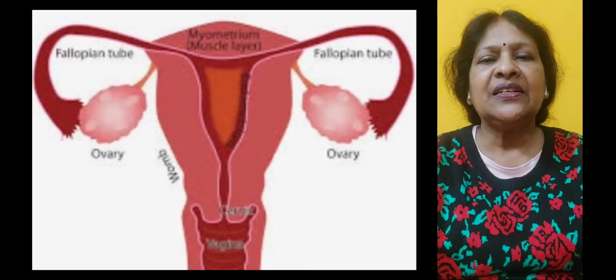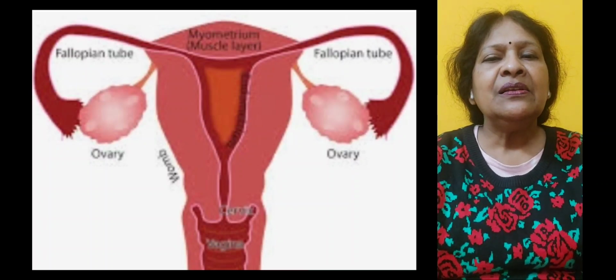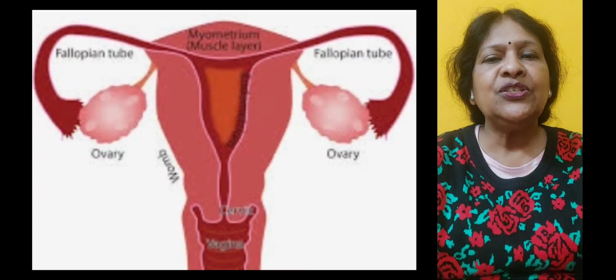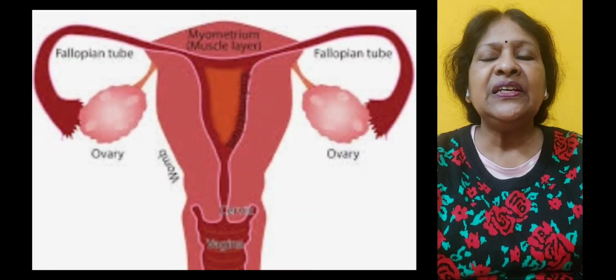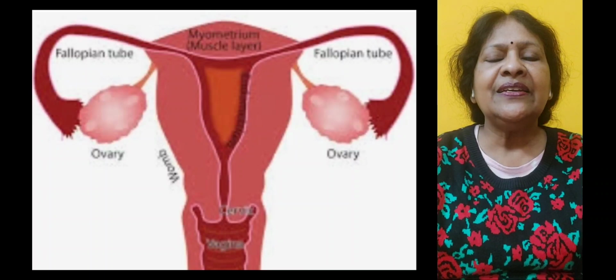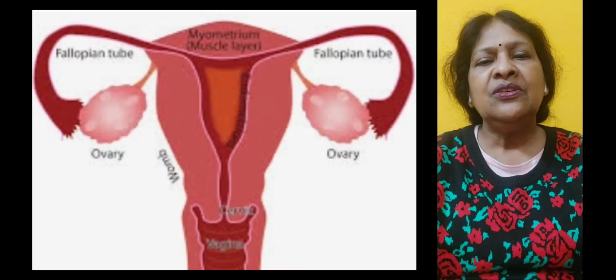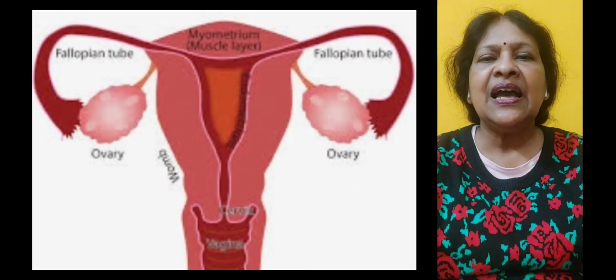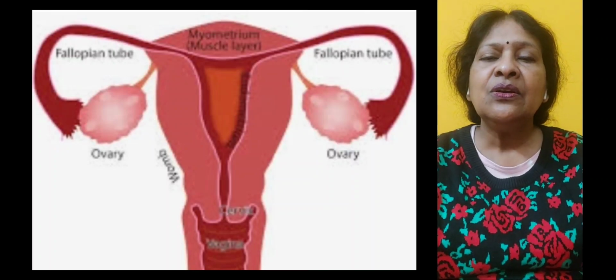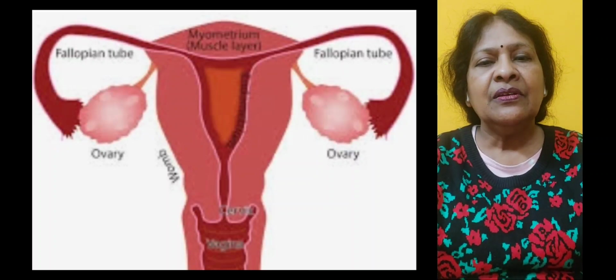her reproductive age. When the female comes to an age which is close to 50 years, or as I said, it is variable from individual to individual, so it may be as early as 45 years or even a little more than 50 years.